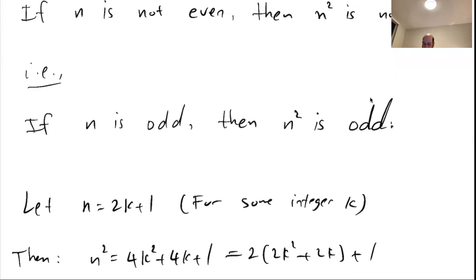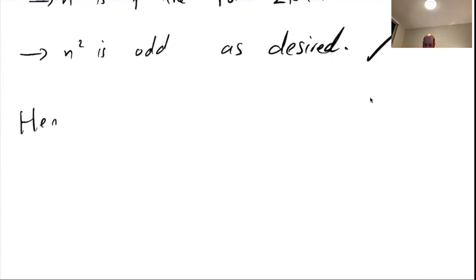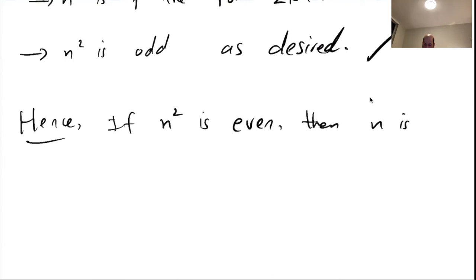Hence, if n squared is even, then n is even.